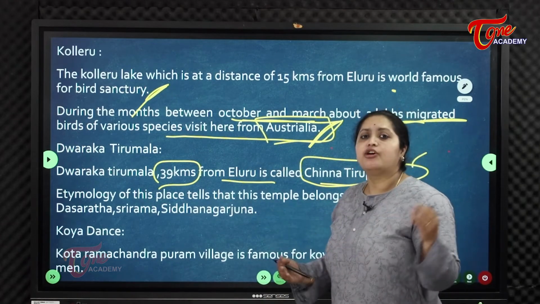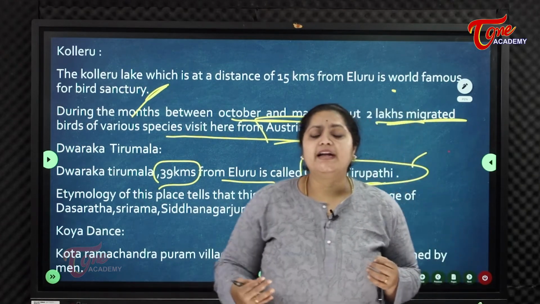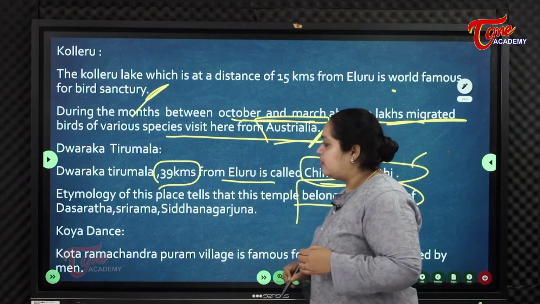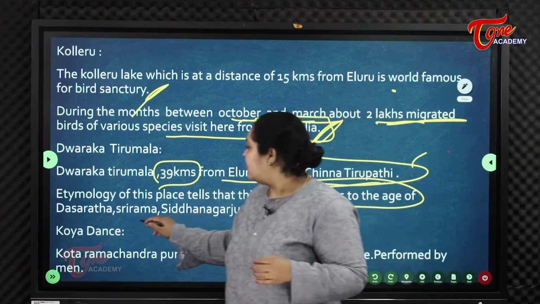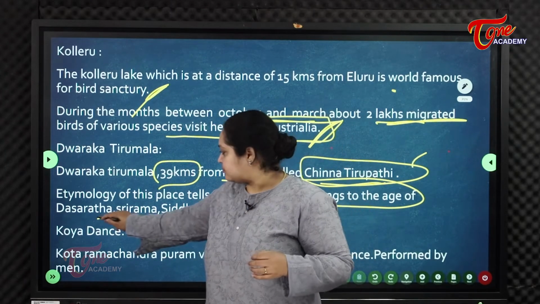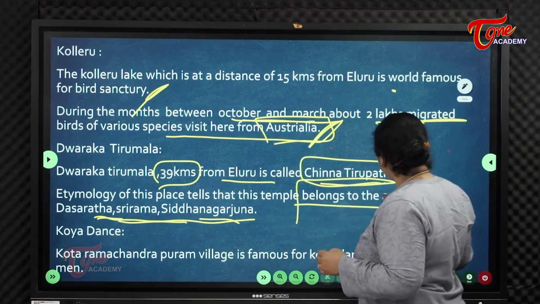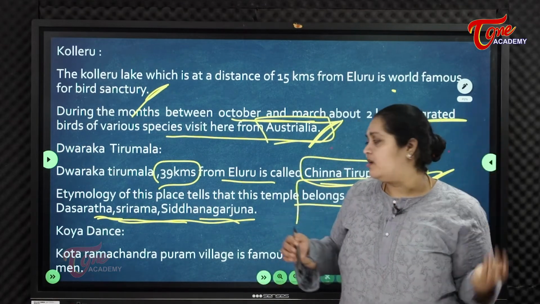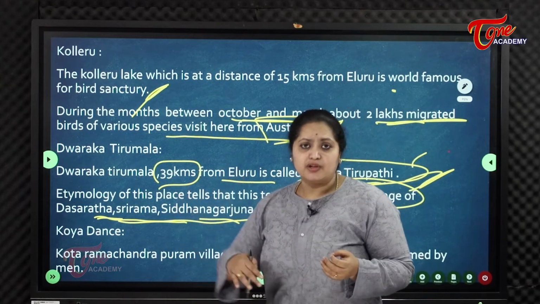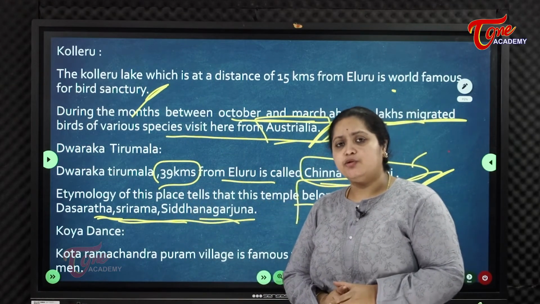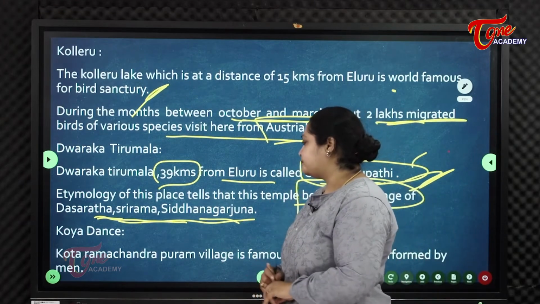The history of this place tells that this temple belongs to the age of Dasharatha, Sri Rama and Siddha Nagarjuna. So this is Dwaraka Tirumala, also famously called Chinna Tirupati, near to Eluru.